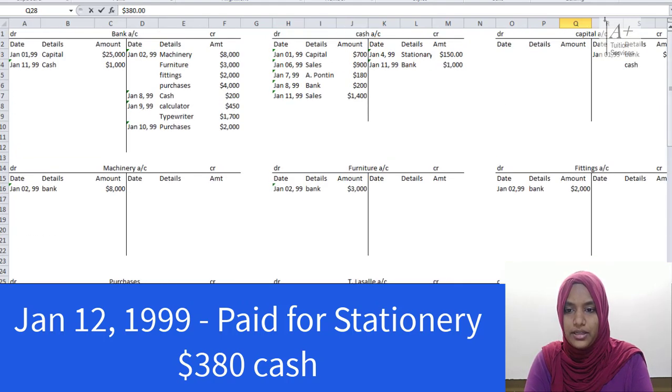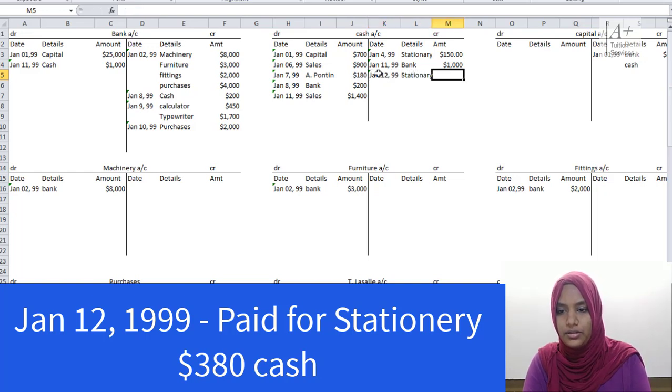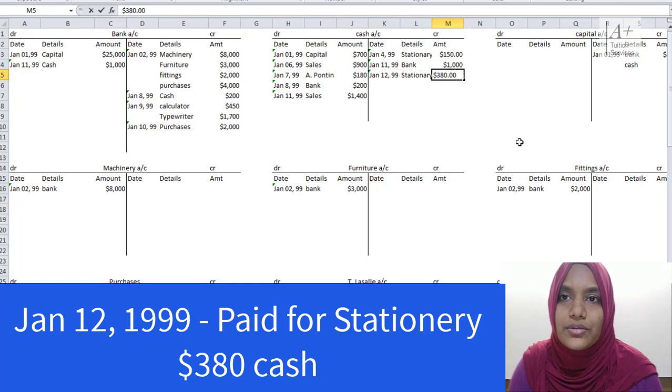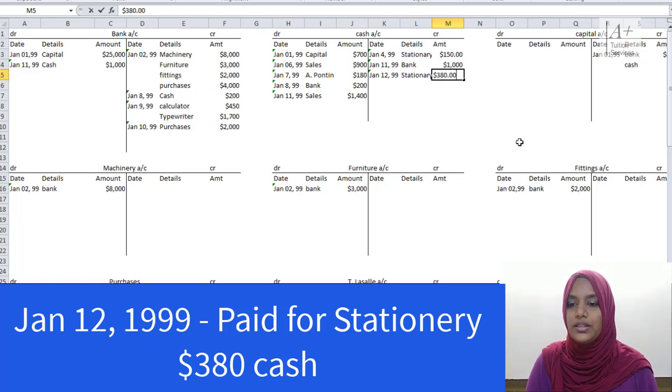January 12th, 99, stationery, and it will be $380. So the two accounts we opened there is a stationery account. We didn't have to open a new one because we already have one existing, right? So we have a stationery account and the cash account. Cash account debited because we take cash and bought stationery.